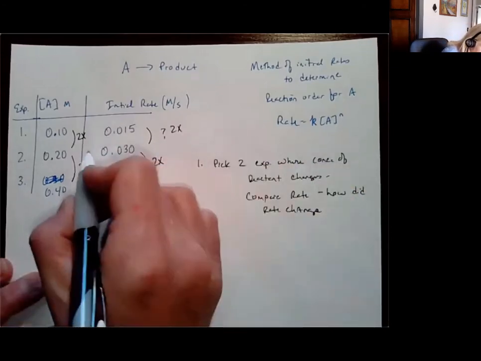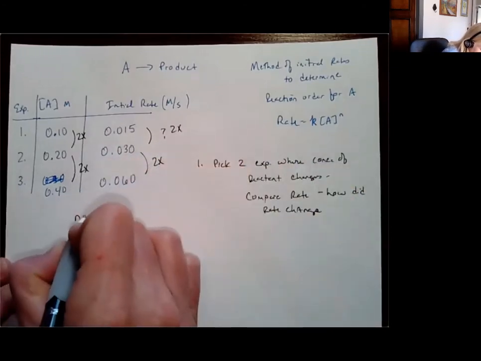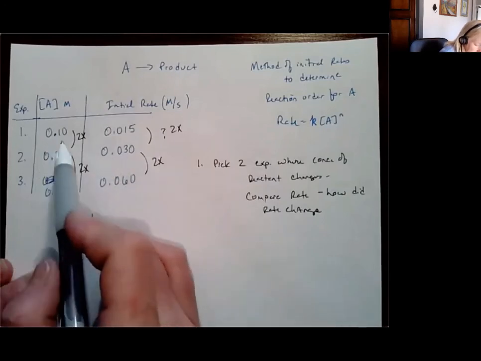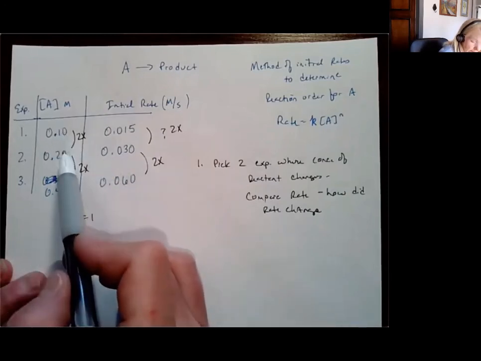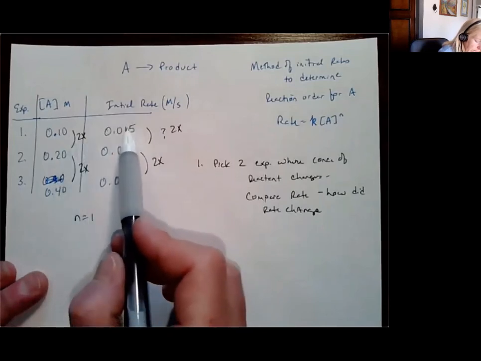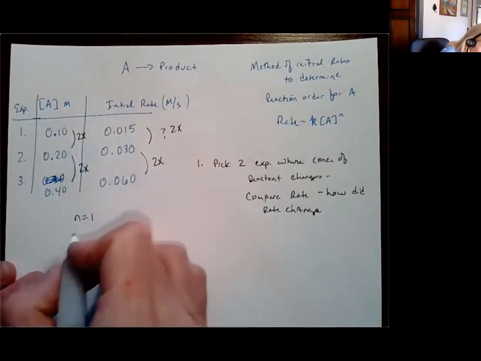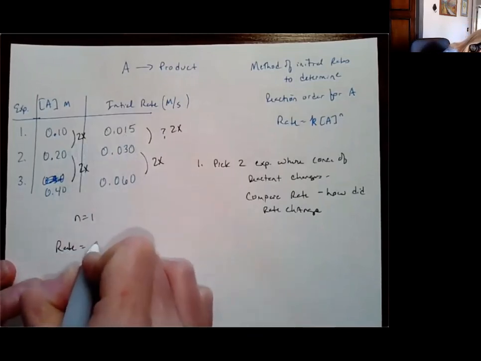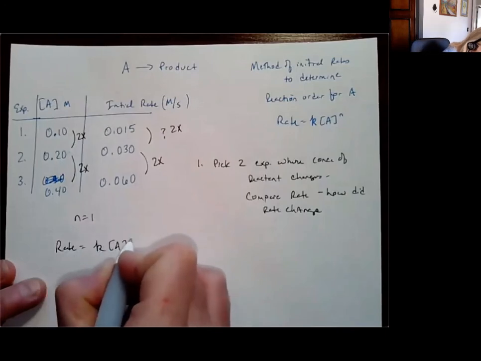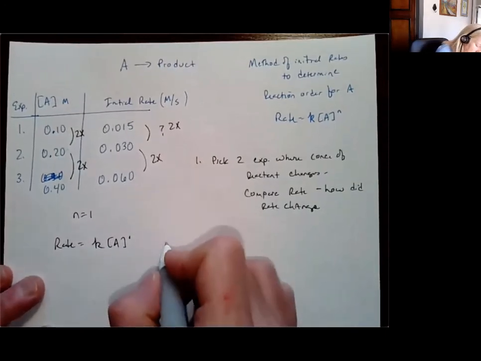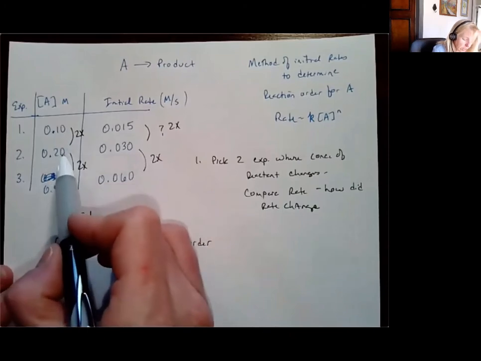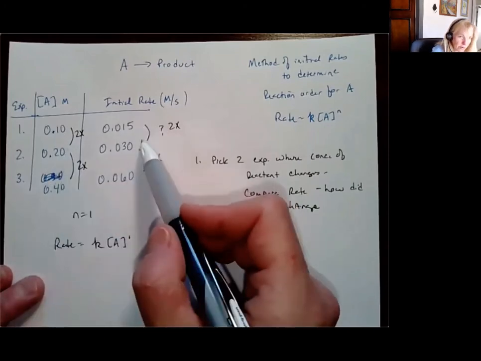So these are 2 points that tell me the same thing, that n is 1. As I double the amount of A that I'm starting with, my initial rate also doubles. So my rate law for this would be k[A] to the first power. This would be first order, because as I doubled the concentration of my reactant, my rate doubled.